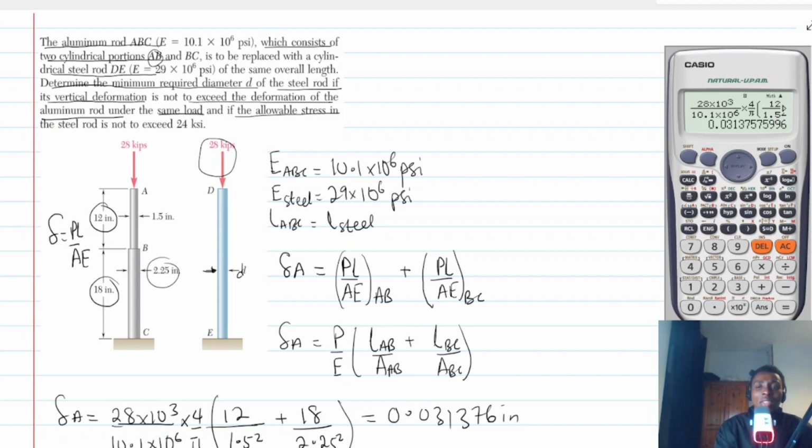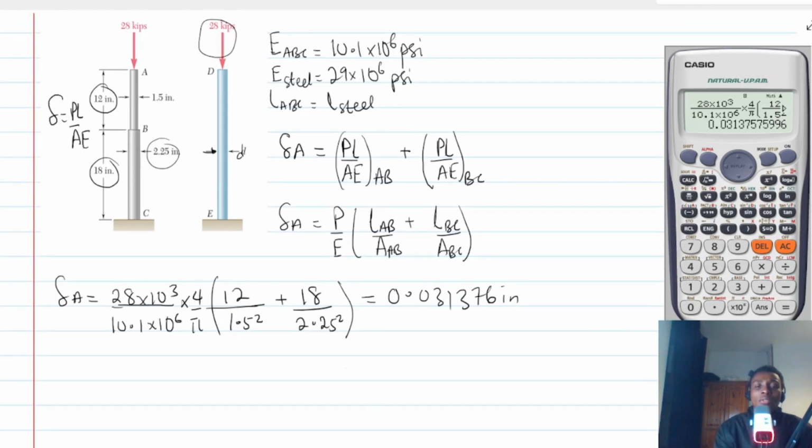So what does this tell us? It means that for the aluminum too, we are going to use the same deflection and the same load. To find the diameter, we already know the deflection.